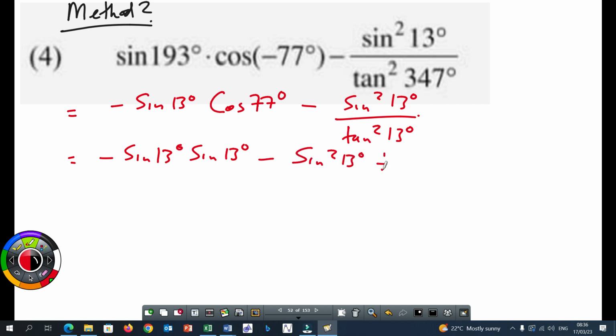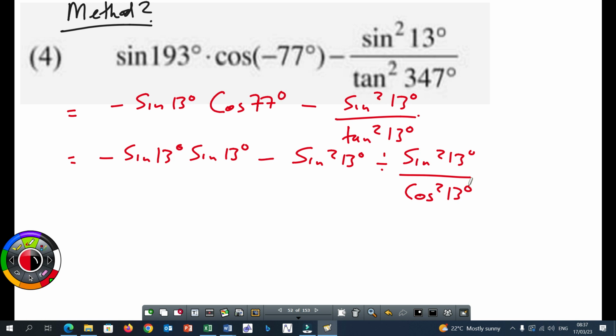Then I'm going to say divided. See this tan squared 13. I'll remove the division line and put what? The division sign. Then I'll convert it to sine squared 13 degrees over cos squared 13. Are you following there? Huh?